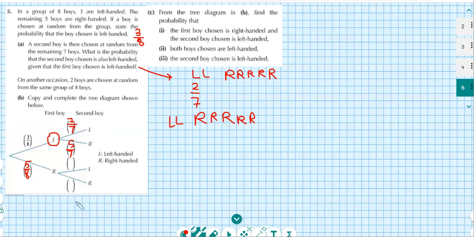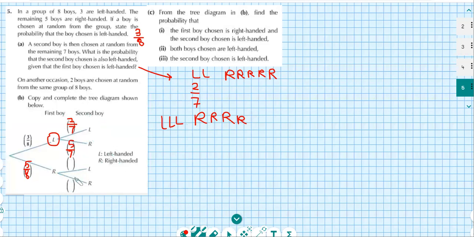If the first boy chosen was right-handed, I'm writing the initial sample space: left, left, left, and 5 rights. If a right has been chosen already, I'm removing this right. Now the sample space will be 3 lefts and 4 rights.